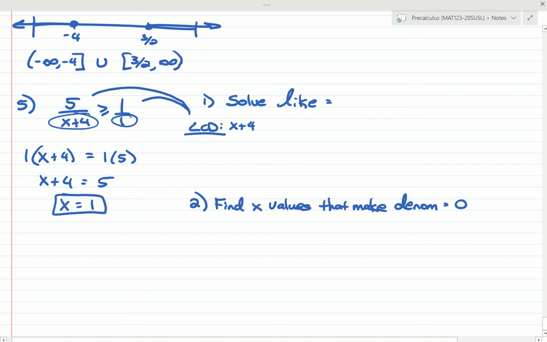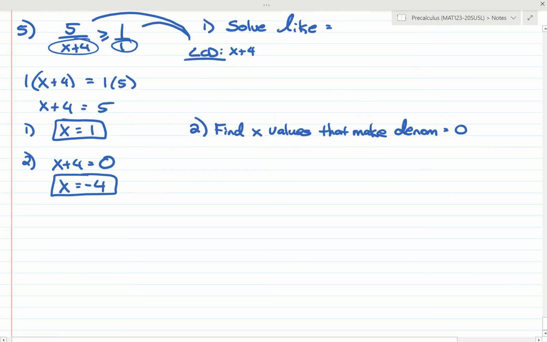Well, 1 is fine the way it is, but we do have an x plus 4. So for step number 2, what we're going to do is set that equal to 0 and say x is equal to -4. Now those aren't the actual answers yet. We're not there.